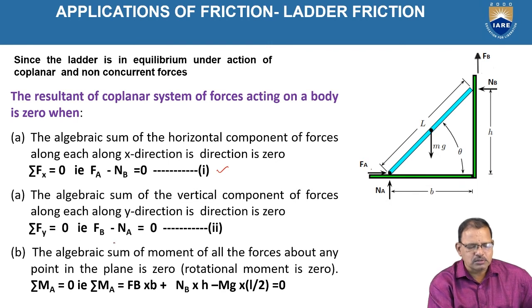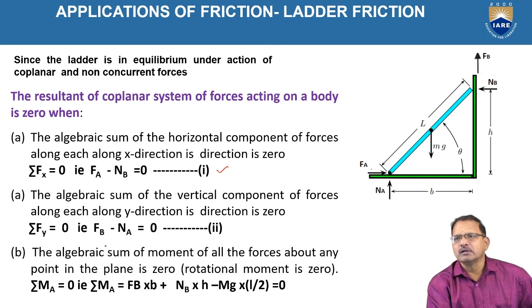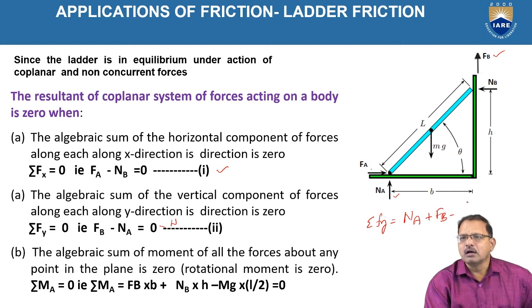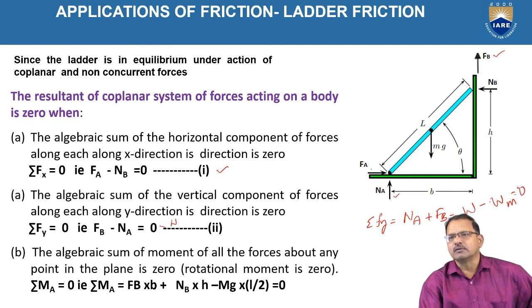That means sigma Fy is equal to FB, that is the friction force at point B, and NA, both positive, and the weight of the ladder W and the weight of the person WM, which are negative. It should be equal to 0.